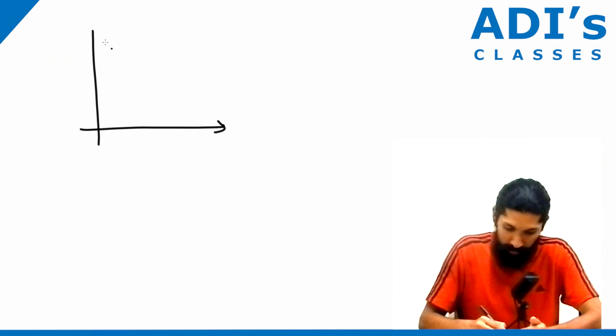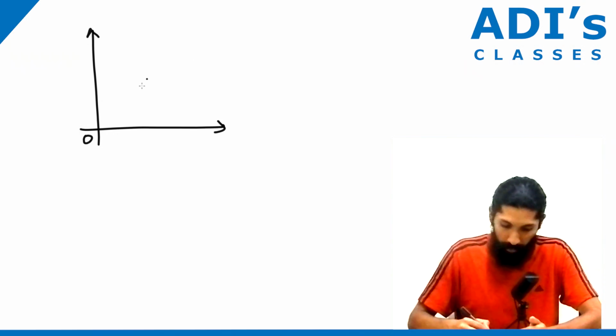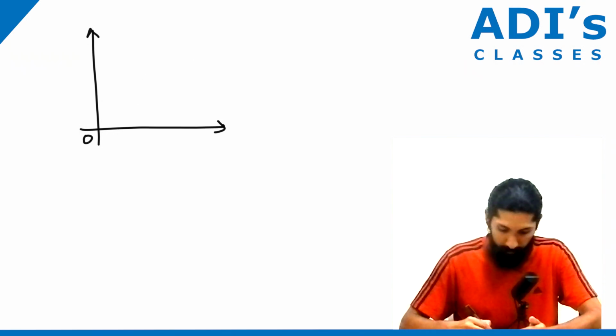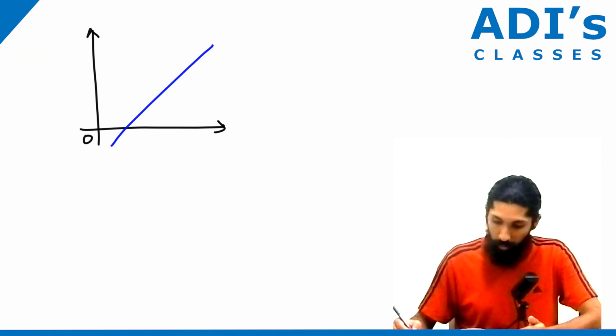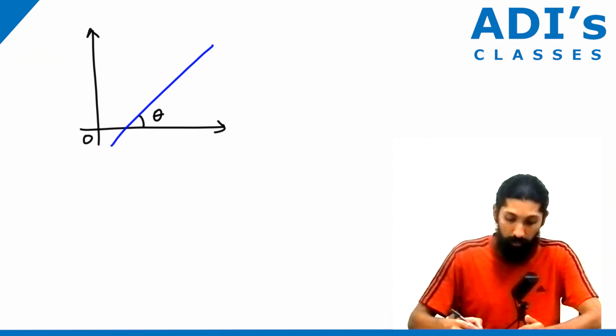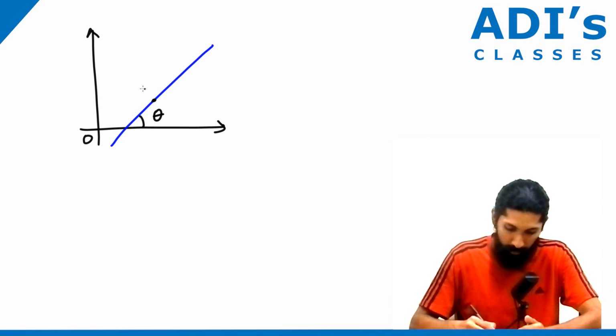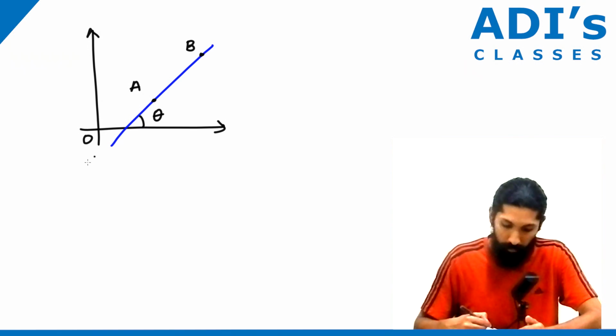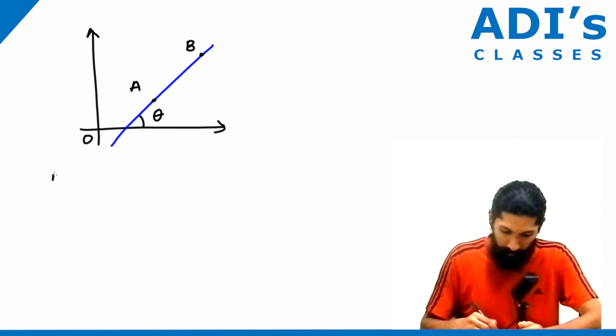Suppose you have the coordinate axis and you have some line which goes like this. Now for this, we have an angle theta and 2 points. Assume that 2 points are here. So this is A and say this is B. Now what we do, we'll take tan of the angle theta.